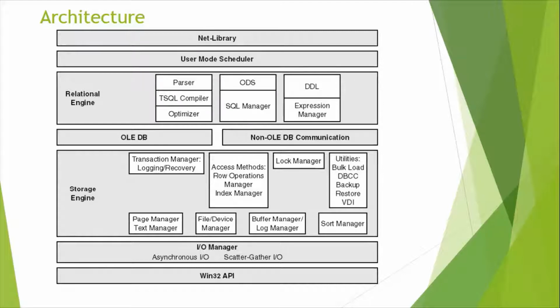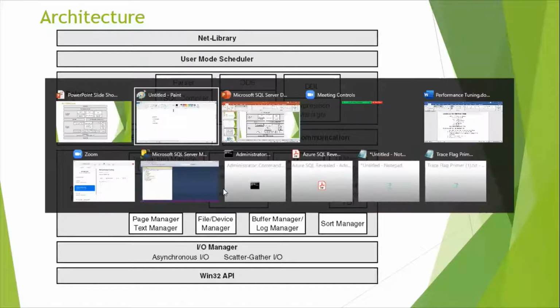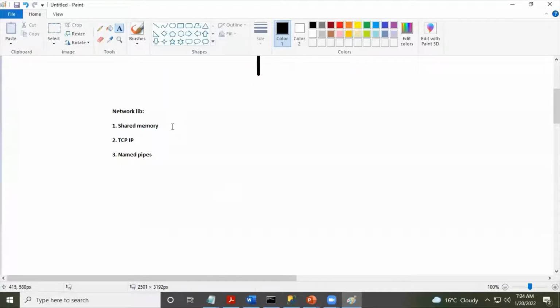Shared memory is, for example, when the application and SQL Server are both on the same computer, sharing between application and SQL Server. We consider that the shared memory protocol or network library. TCP/IP is, for example, when you connect through the wide area network, WAN.